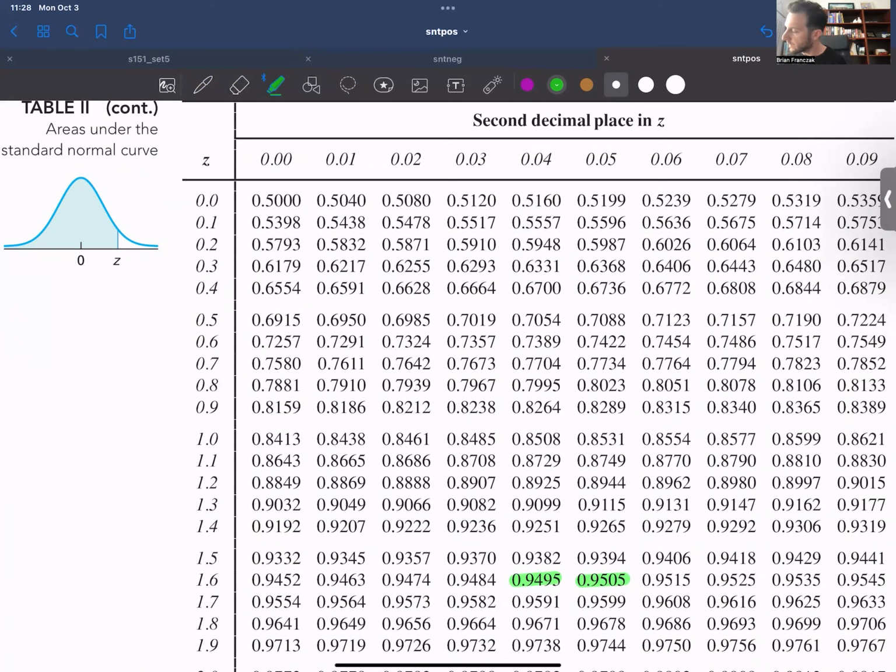So we have 0.9495, 0.9505. Those values are equidistant from 0.95, which is what we want. So we're going to average 1.64 and 1.65, right? So this is a special case, and it only happens in this and one other situation that we end up with a 3-digit Z-score.